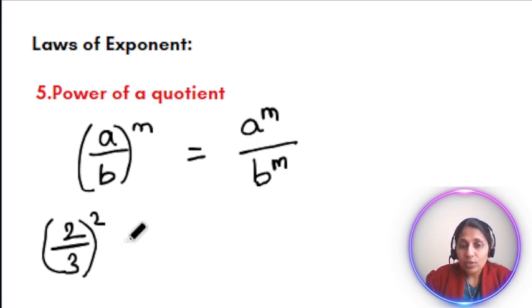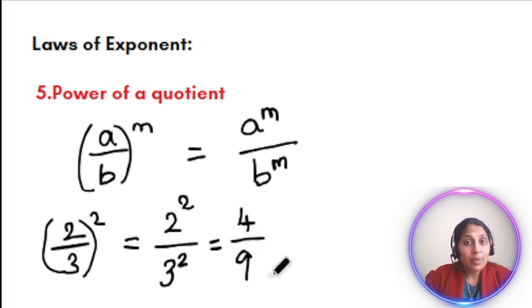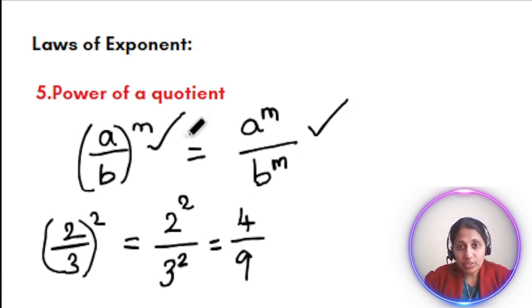If not, you can split it into two forms, 2 to the power of 2 divided by 3 to the power of 2, which gives you 4 by 9. So based on the problem, you have to choose which form you have to use, whether this form, writing it separately, or as a whole power. Okay, this is the power of a quotient.